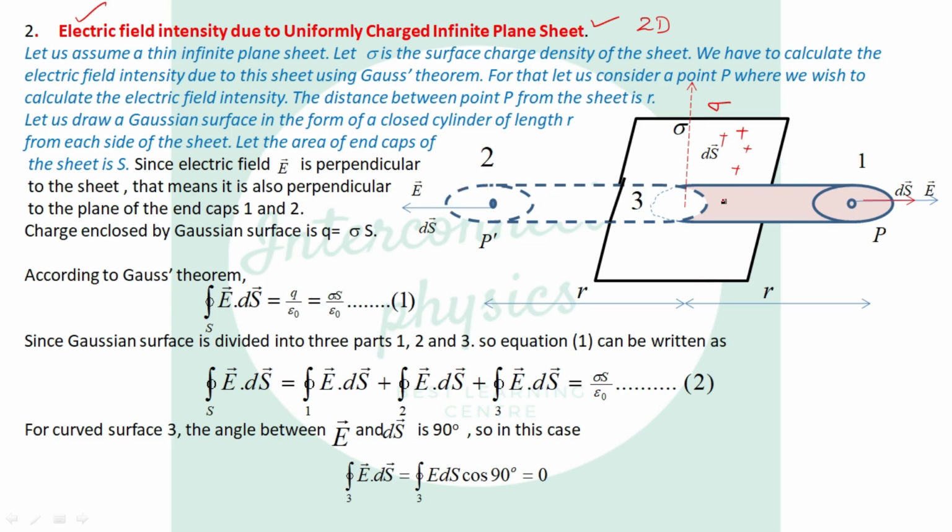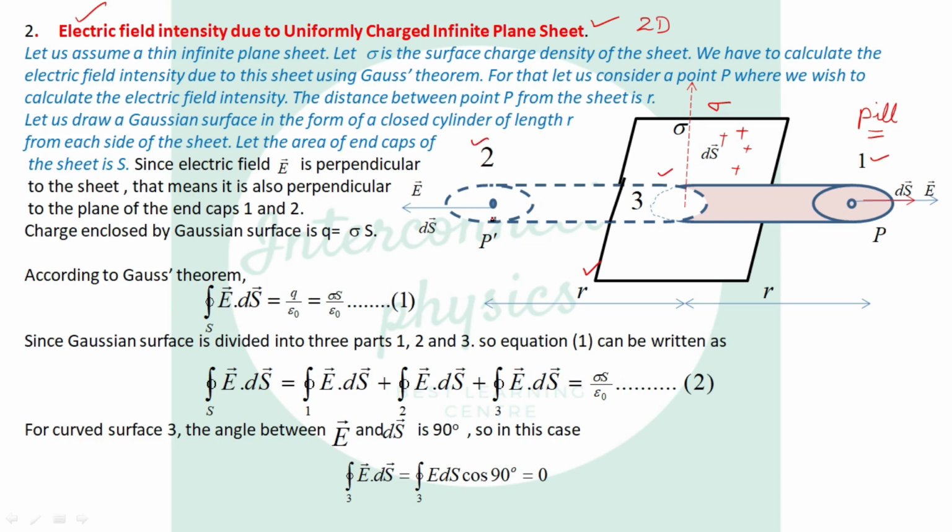So let us draw a Gaussian surface in the form of a cylinder, or it is called a pillbox. Let us draw a cylinder at point P. Here the distance is r from the sheet, and on this side the distance of P prime is r. Now it is divided into three parts, 1, 2 and 3.